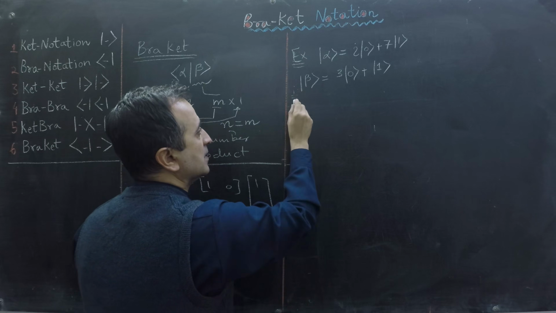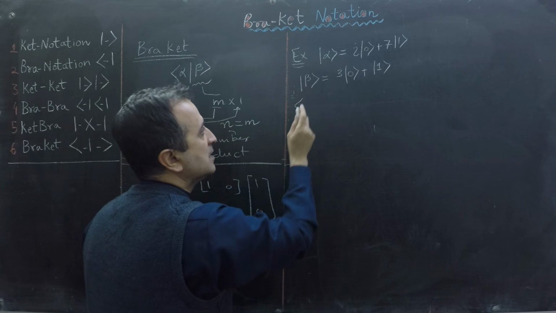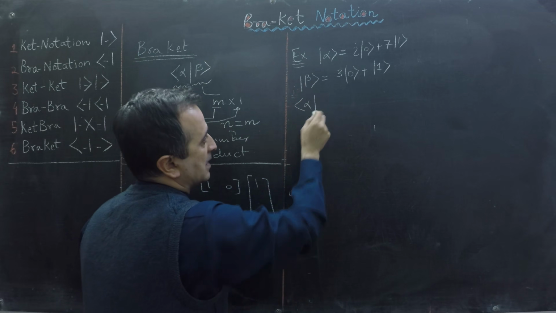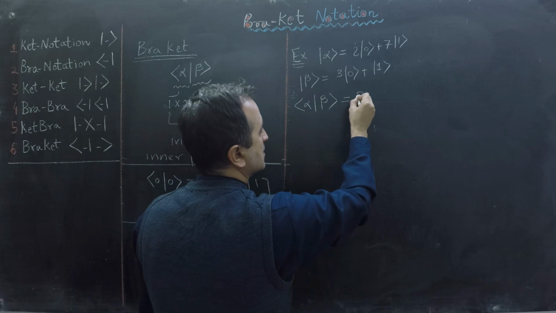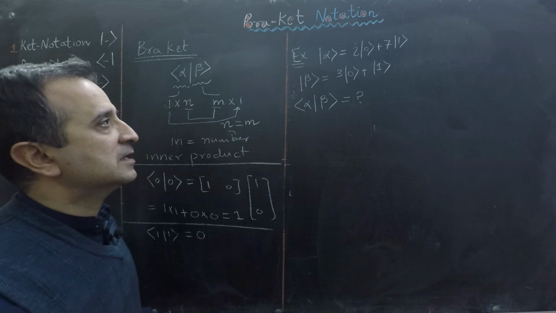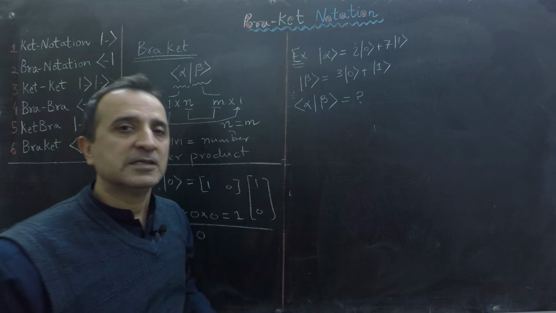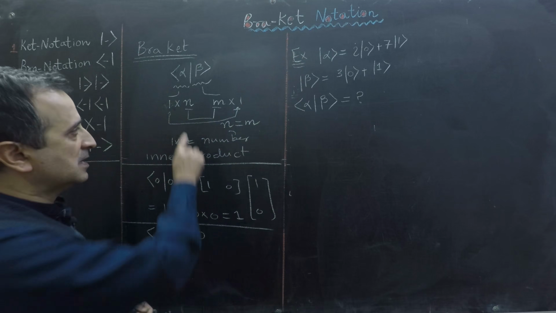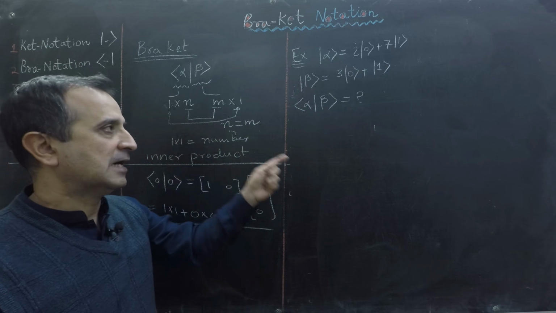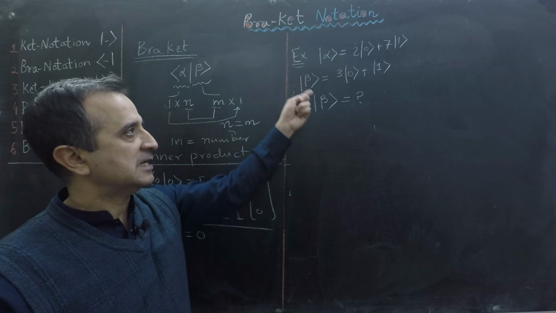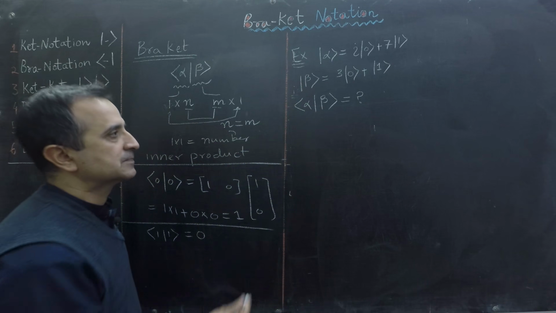And I have to calculate the inner product of these two vectors. So my inner product will be Bra alpha and ket beta. Before I start my calculation, I must make sure that these two vectors have the same dimension, because remember, n must be the same as m, and if they don't have the same dimension, then I can't compute the inner product. In this case, they have the same dimension, so I can proceed with computing their inner product.